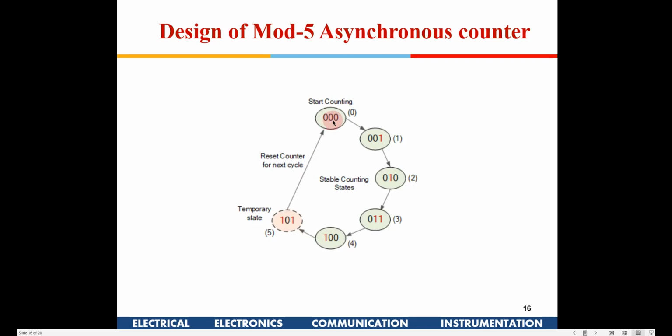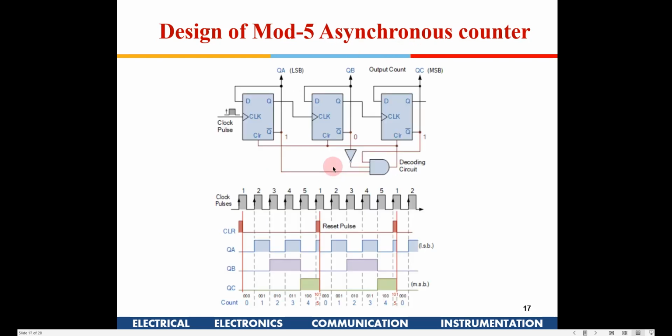Whereas in the synchronous design, from 4 the next state we can write as 0. But in an asynchronous counter we can't do that. We will have to introduce a temporary state, which the flip-flop will not remain in. The moment it comes to this state, it has to go to 0. So that is the difference when we design an asynchronous counter. So if you see here, when it reaches 5, what happens?